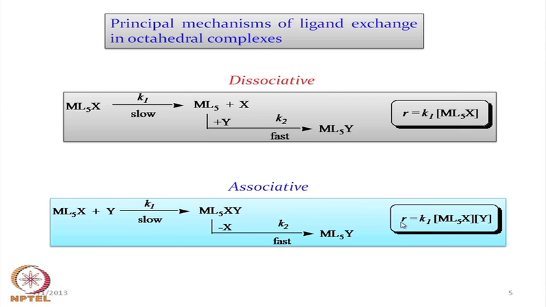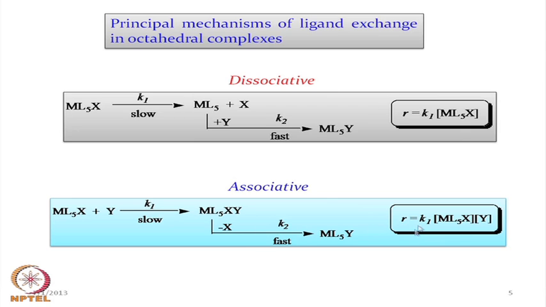Therefore, the rate equation in this particular case would be R is equal to K1 into ML5X into Y. That means it has the contribution of both the concentration of the starting complex, ML5X, and the concentration of the entering group, Y. When both these concentrations are involved, we can consider that some kind of associative mechanism is operating, and the second step for the removal of X is very fast. So, it has no contribution.